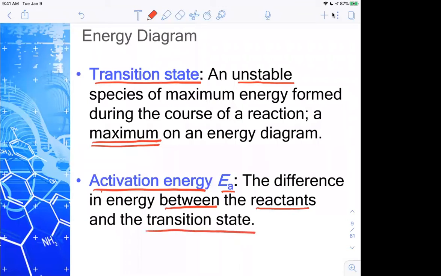So this is the barrier. This activation energy is the barrier that I have to overcome with collision energy in order to have the reaction proceed. Various reactions that we're going to talk about all give different transition states. And characterization of the transition state is also a feature of trying to figure out what kind of reaction mechanism is actually happening in any given reaction.